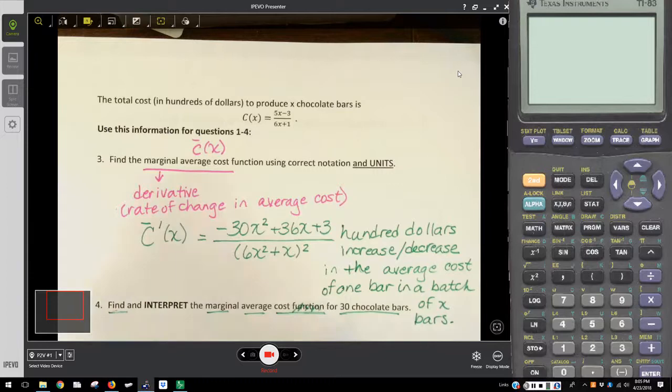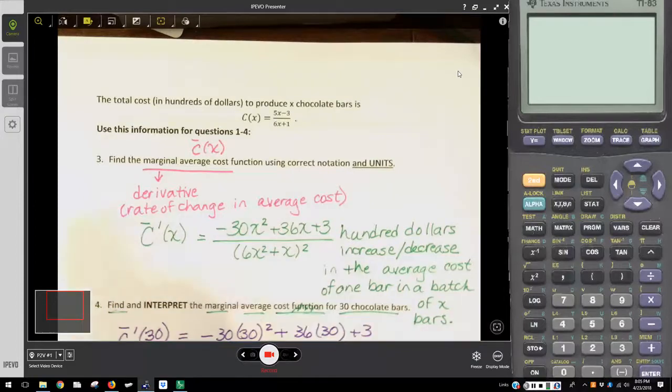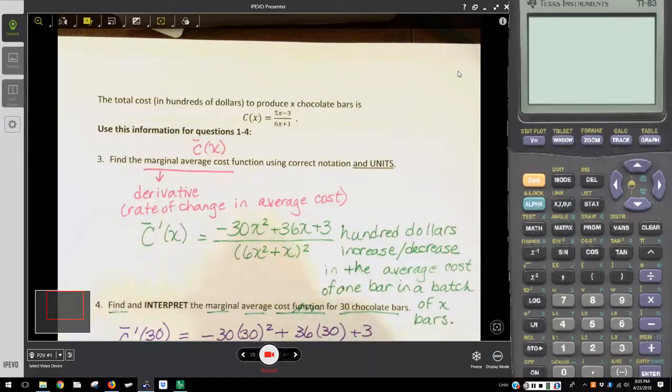So we're going to use this function, C bar prime of 30 is equal to negative 30 times 30 quantity squared plus 36 times 30 plus 3, over 6 times 30 squared plus 30, and that quantity is squared.